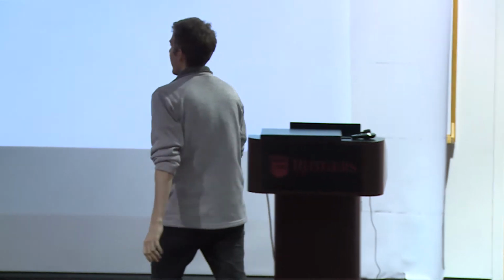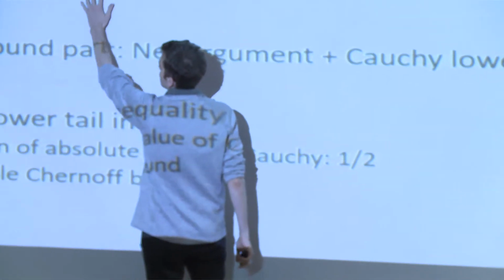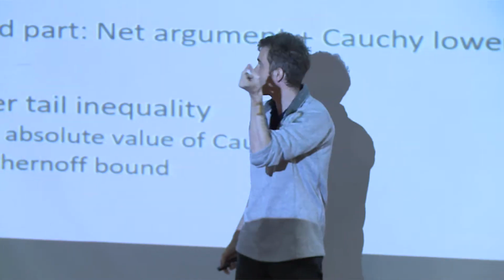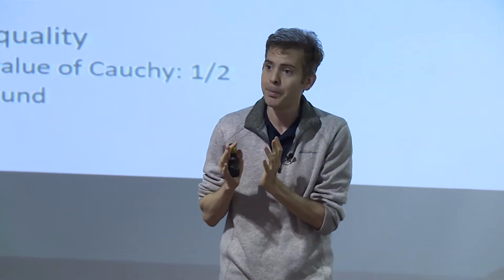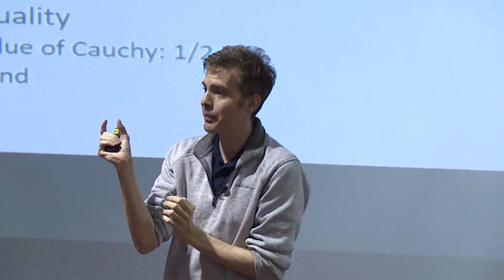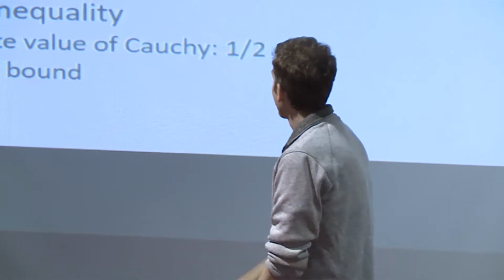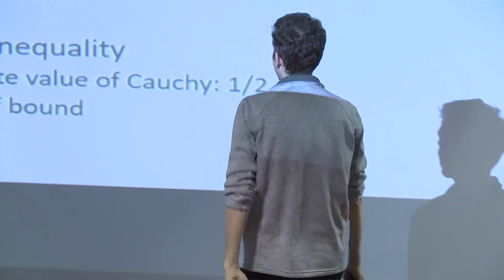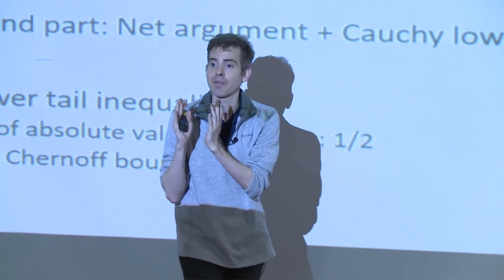If I apply the matrix S to a fixed vector Ax, what does the first entry of SAx look like? By this one-stability property, it's a Cauchy random variable times the one norm of Ax. The second entry of SAx is an independent Cauchy random variable times the one norm of Ax.